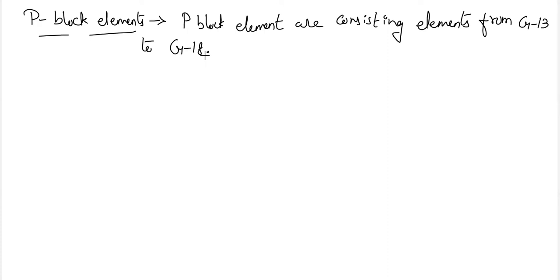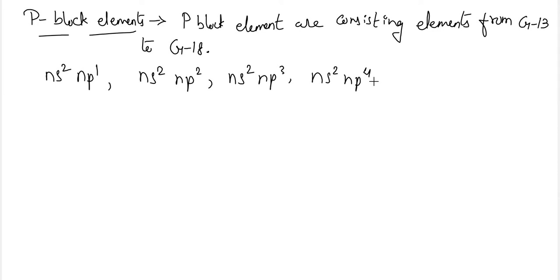Also, here we will see the general electronic configuration for the p block elements. It starts from ns2 np1, ns2 np2, ns2 np3, ns2 np4, ns2 np5, and for the noble gas it is ns2 np6.